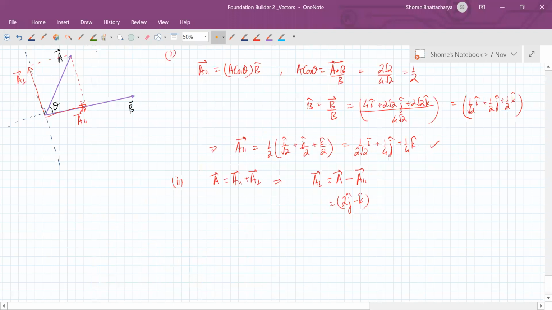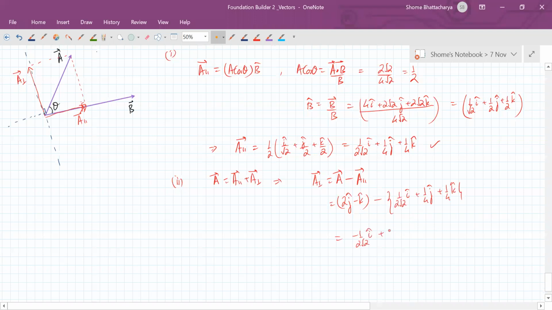And from that we have to subtract this vector now. So that is minus of this whole thing. Okay. So when we subtract, we get minus 1 by 2 root 2 i cap. Okay.